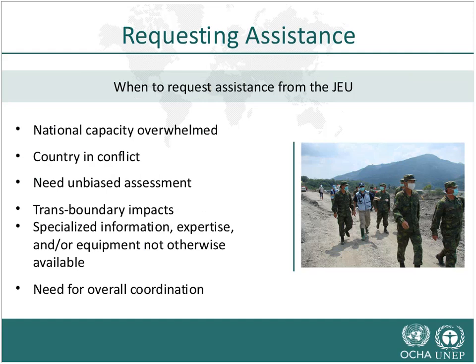Another case could be there is a conflict in a country and there is a need for unbiased assessments, or there is a transboundary conflict of interest with transboundary pollution, whereby a third party can provide this scientific impartial assessment results.